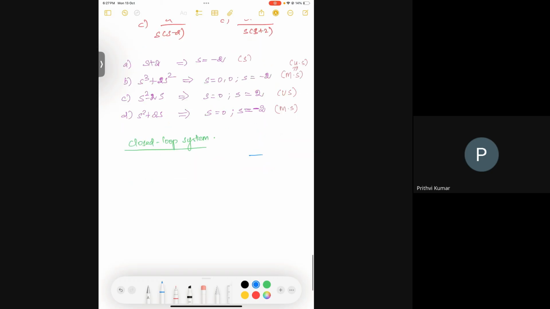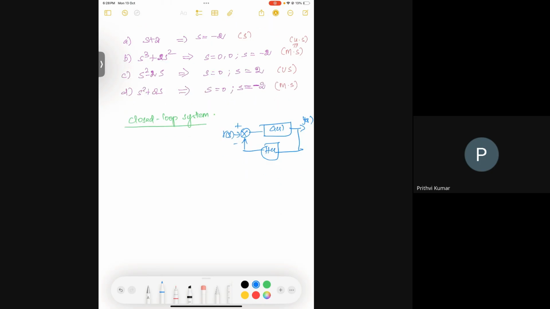So it will become G(s), R(s), minus plus Y(s), H(s), right? This is a negative feedback system. The overall closed loop transfer function Gc(s) will become G(s) divided by 1 plus G(s) into H(s), right?